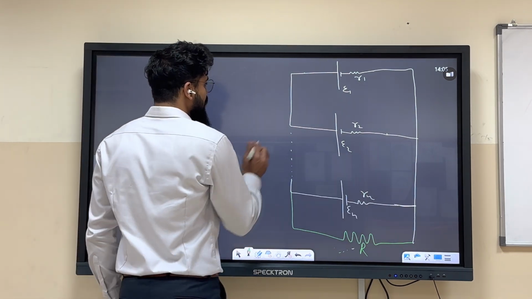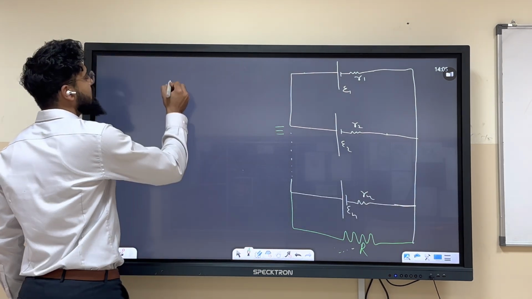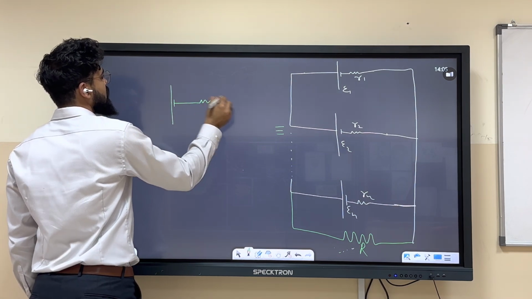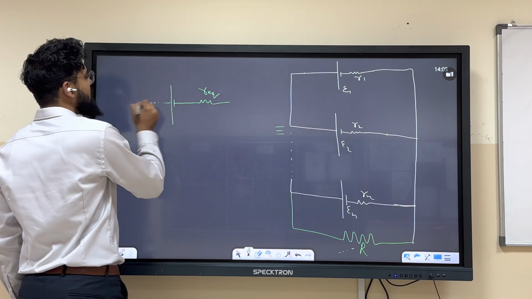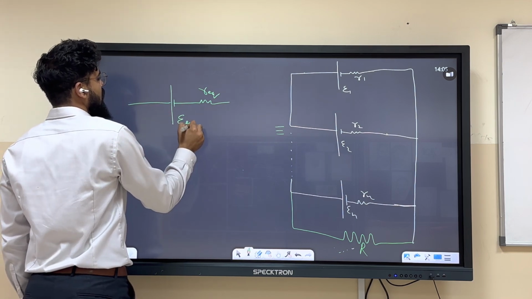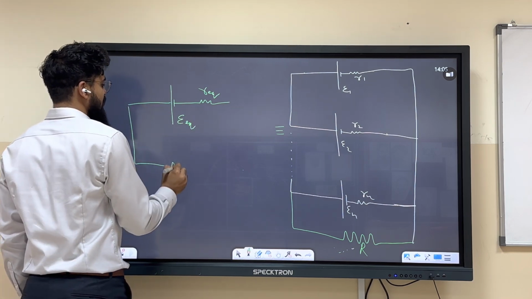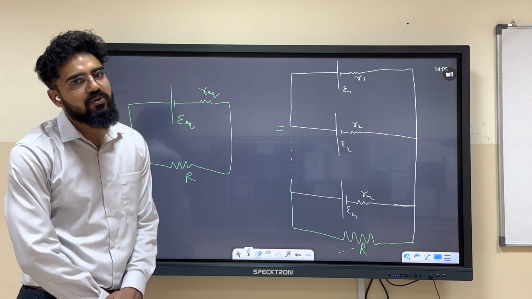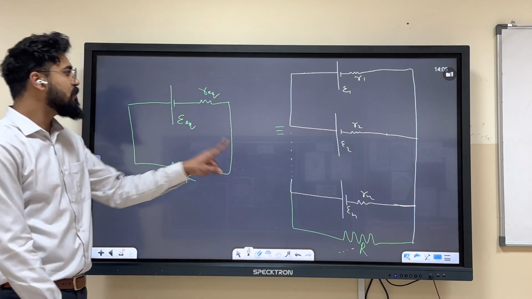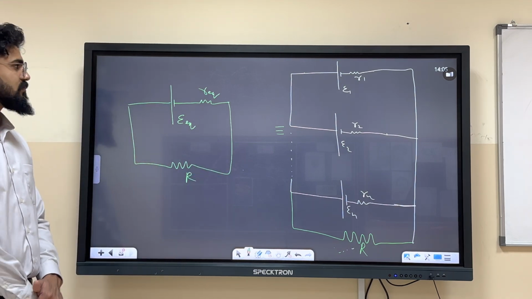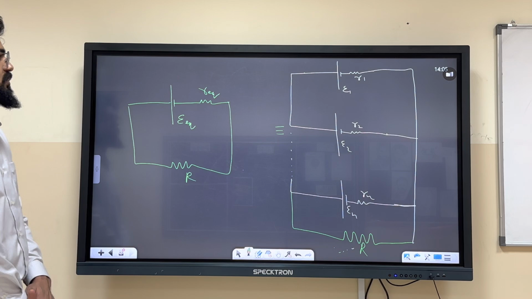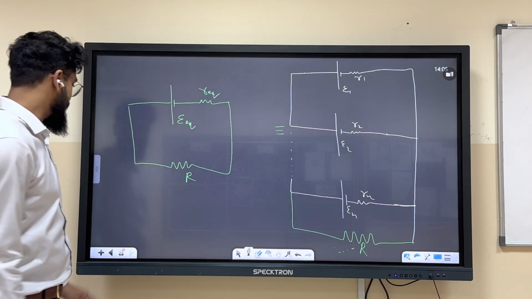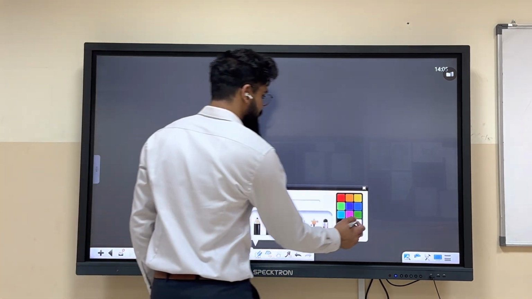So basically we want this. That is, what is R equivalent, what is E equivalent, which is connected to this R. So we want to calculate E equivalent and R equivalent. I hope this whole picture is clear. These all are in parallel combination and we want to get this. Let's do it.